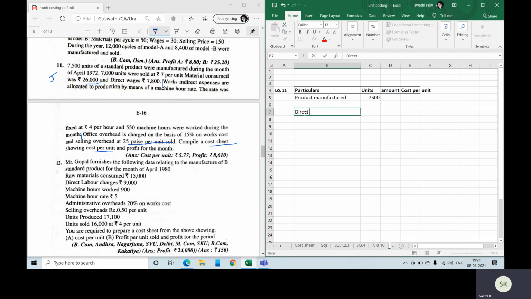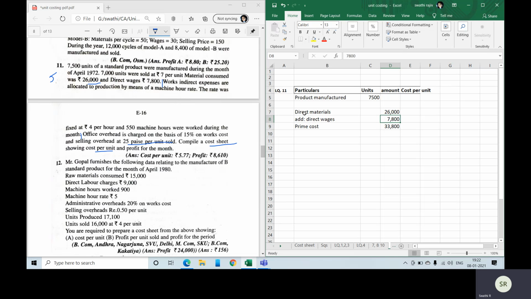Starting with direct material, which is nothing but materials consumed. You have 26,000 here, and along with this we add our direct wages, which are 7,800. Together we will get our prime cost. So prime cost is 33,800.